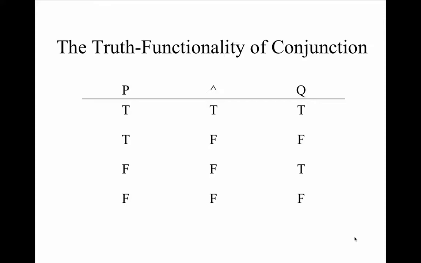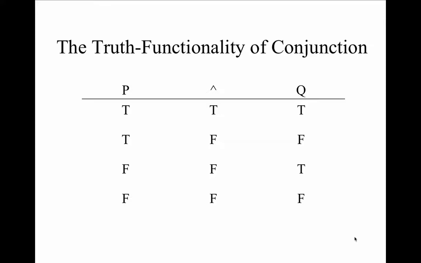So, once we understand what these possible values are, we now look at the column under the conjunction symbol. The column under the conjunction symbol has the following values: true, false, false, false. So here's one way you can read how we determine the truth definitions for conjunction.